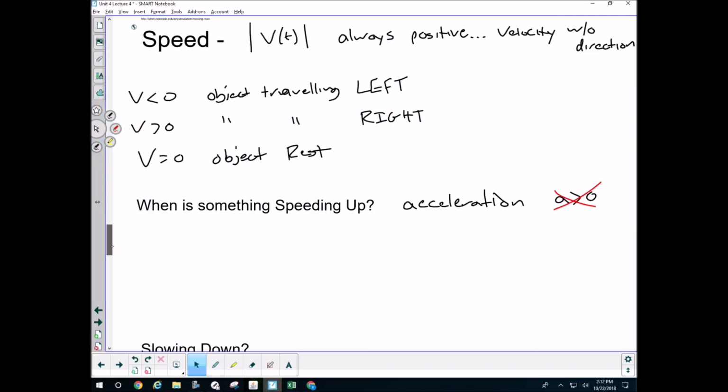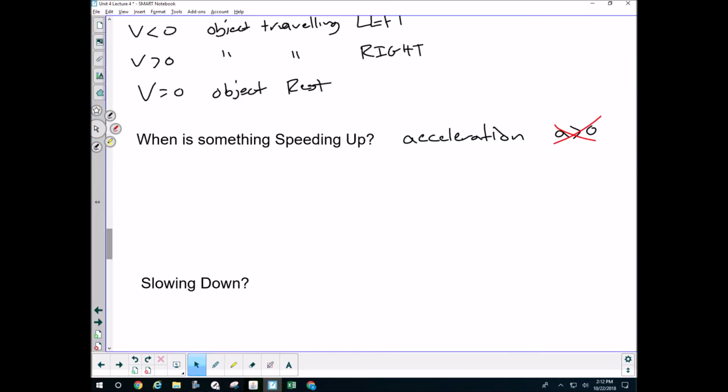So when is something speeding up? Velocity and acceleration are going in the same direction or have the same sign.